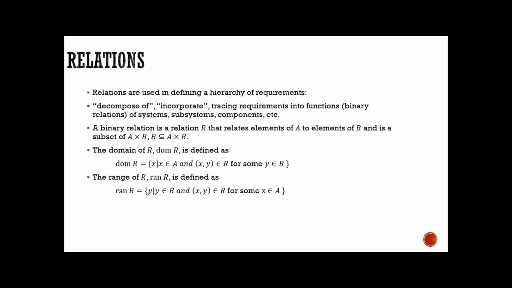A binary relation is a relation R that relates elements of A to elements of B, and is a subset of this cross product. These relations are going to be a subset of the Cartesian product of A and B. And as I mentioned, the domain of this relation is going to be defined as this set of elements X, and the range is going to be defined as these elements Y that are part of that set.